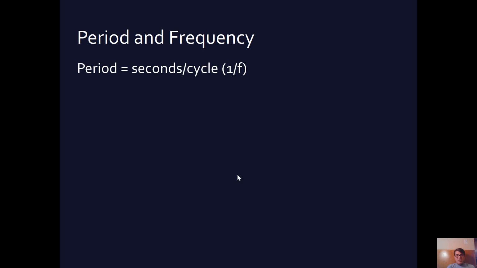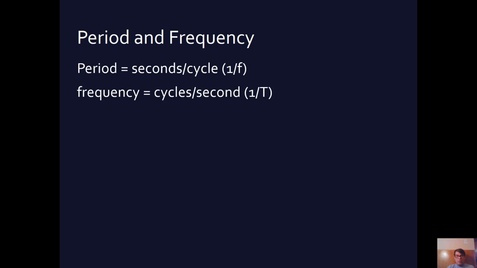Okay, period and frequency. The frequency is the number of cycles per second. There's a name for that, Hertz, because of the fellow that first did the major exploration here. So cycles per second.